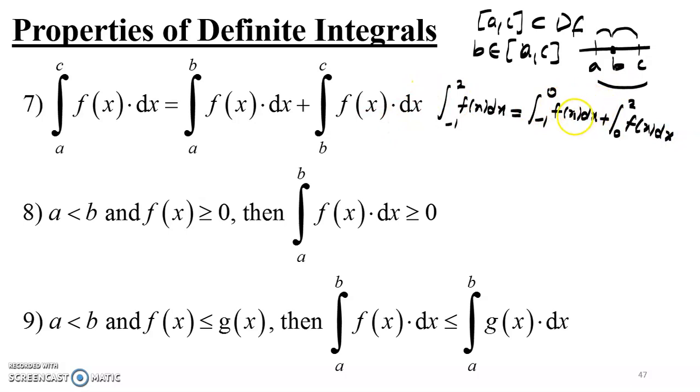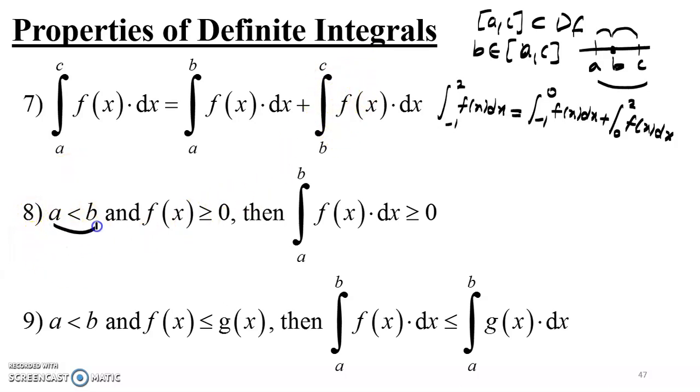There are times where this property is useful in fact. So again, the integral from A to C is equal to the integral from A to B plus the integral from B to C. And this is very useful when you're evaluating areas or volumes using definite integrals.